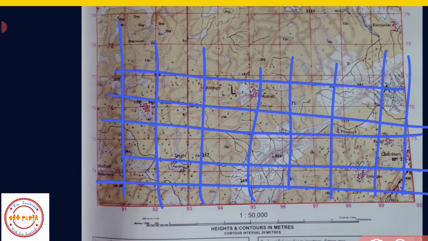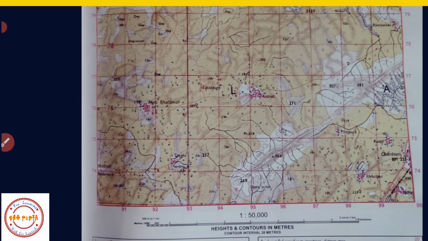Here we have a network of horizontal and vertical lines. This network is called a grid, or it is also known as grid reference.